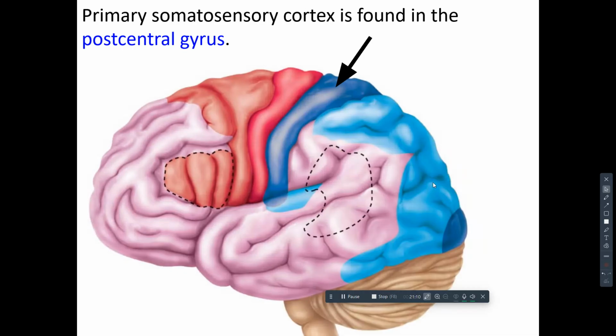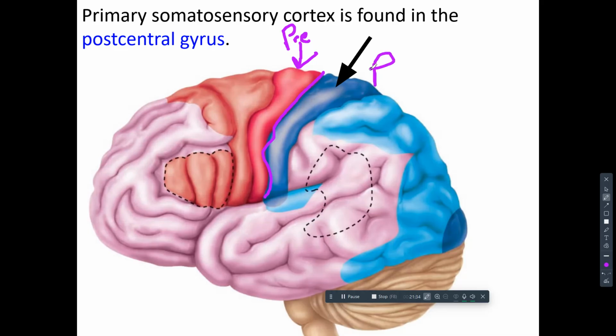Now, my primary somatosensory cortex is found in my postcentral gyrus. So remember, we had a central sulcus right here, dividing my frontal and my parietal lobes. In front of it, we had a precentral gyrus, which controlled movement.